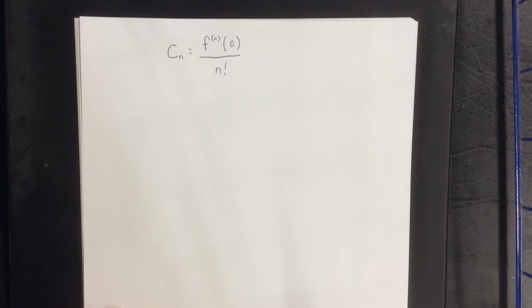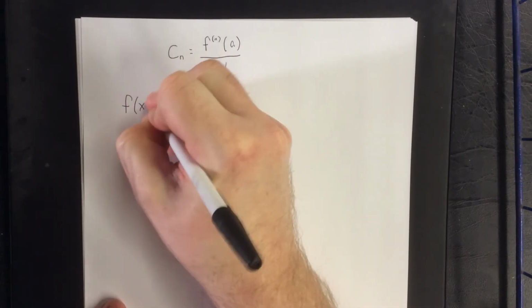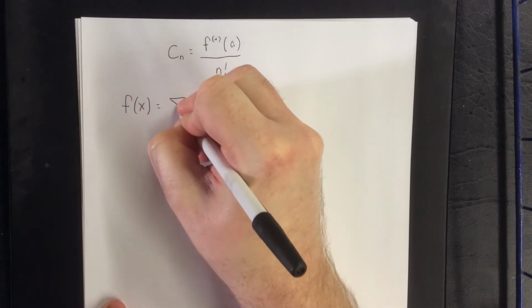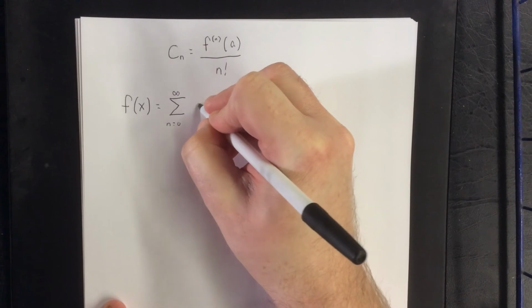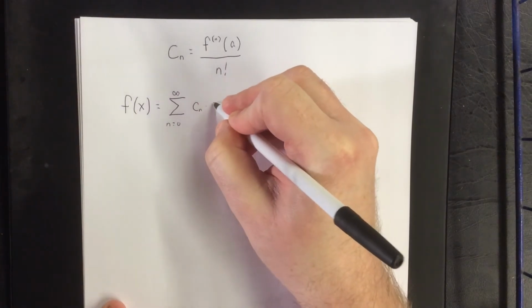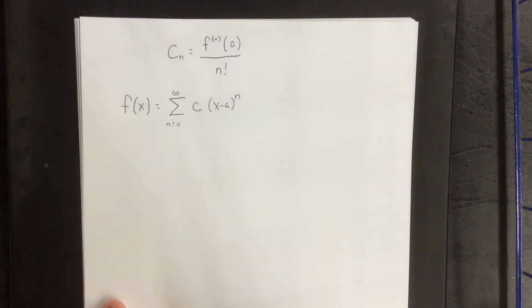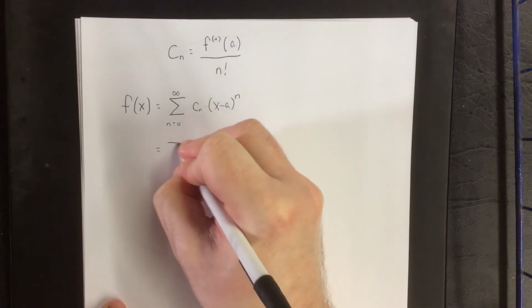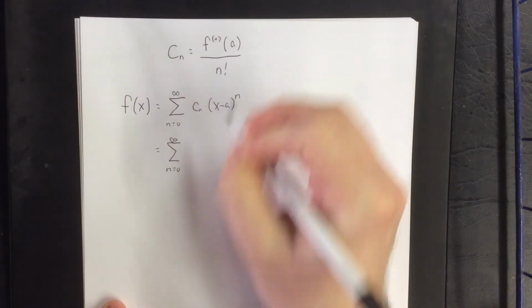This brings about the concept of a Taylor series. A Taylor series states that if you have a function and you're interested in creating a power series representation centered at x equals a, then you can do so by doing exactly what we did here.